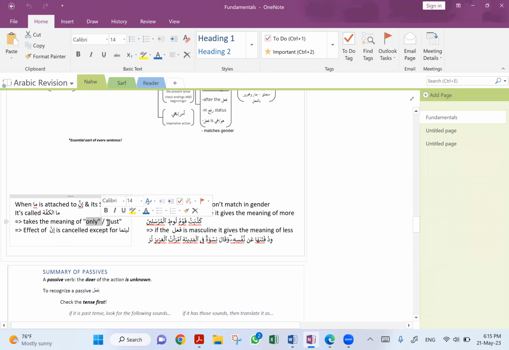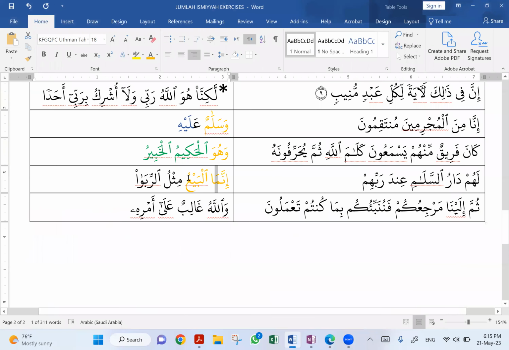It takes the meaning of only or just. And when it comes with inna or its sisters, the effect is cancelled. So we expected it to be mansub, but because of this ma, which kind of stops the inna from doing its job, it remains rafa. So yeah, this will be our mubtada.